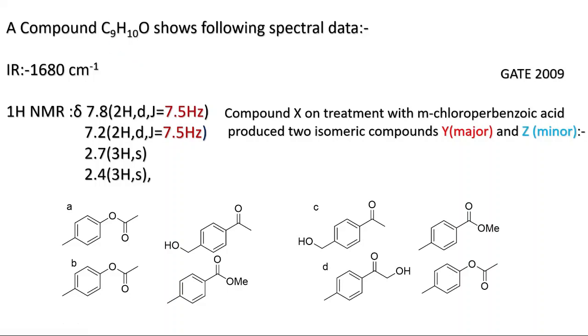How many rings and how many unsaturations are there, we can calculate from DBE. So if you calculate the DBE, that is 9 minus 10 by 2, that is 9 minus 5, that is 4, plus 1, so we will get 5. So DBE will be 5.